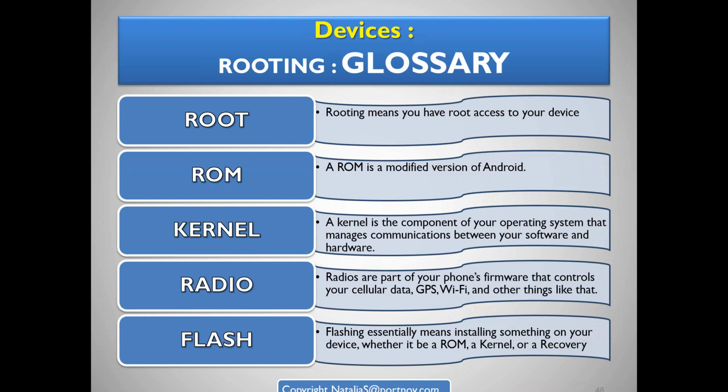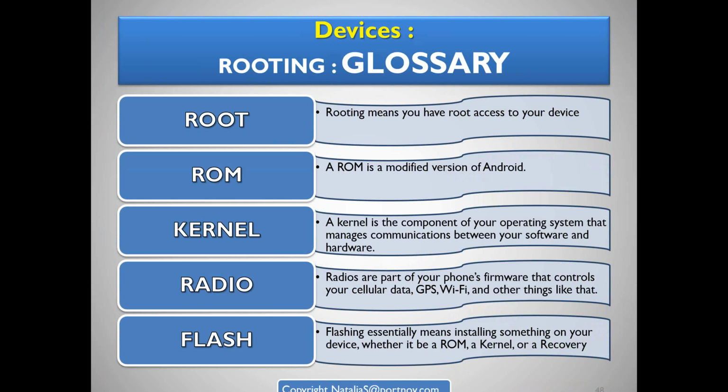There's about 10 major ones that I included in here. Rooting means you have root access to your device. ROM is a modified version of Android, and it may contain extra features. It could be a different look, speed enhancement, or even a version of Android that hasn't been released for your phone yet. So this is pretty cool.